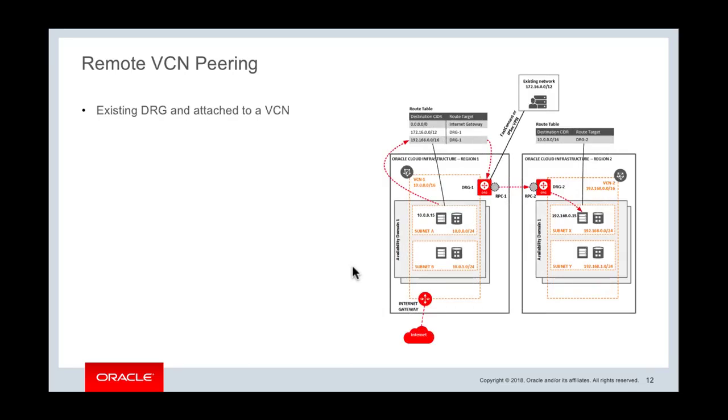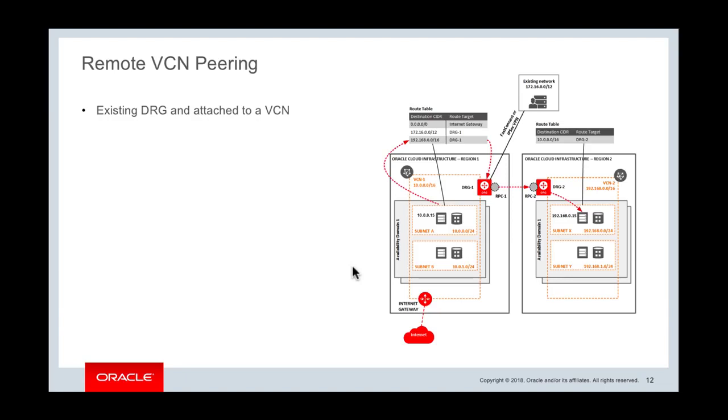We can start with the same basic environment where you have two different virtual cloud networks in different regions. For instance, you have a VCN with a 10.0.0.0/16 network in region 1, which can be the Ashburn region. In the Phoenix region, you have another VCN with a non-overlapping IP address range, a 192.168.0.0/16 network.